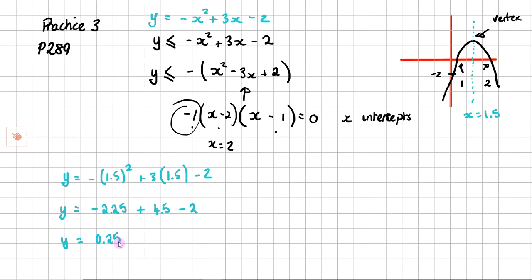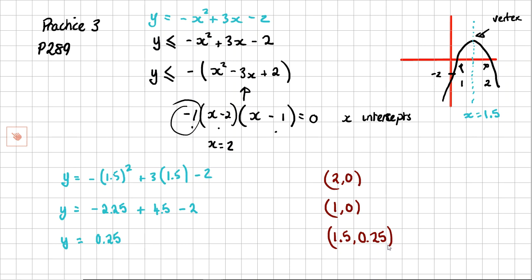Yep. 0.25 or a quarter. Yeah. Right, so I've got some values now that I can put in. My coordinates are, I've got 2, 0, I've got 1, 0, and I've got 1.5 and 0.25.